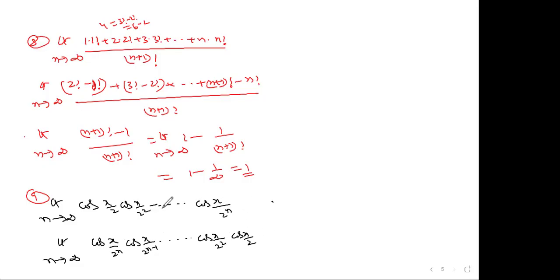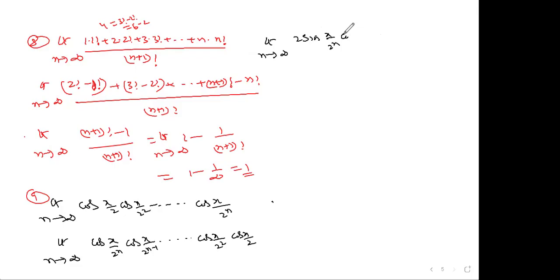What I did, I rewrote this totally opposite, right? If you consider from first to last, here I wrote last to first. And now I want to multiply and divide with 2 sine x by 2 to the power of n.